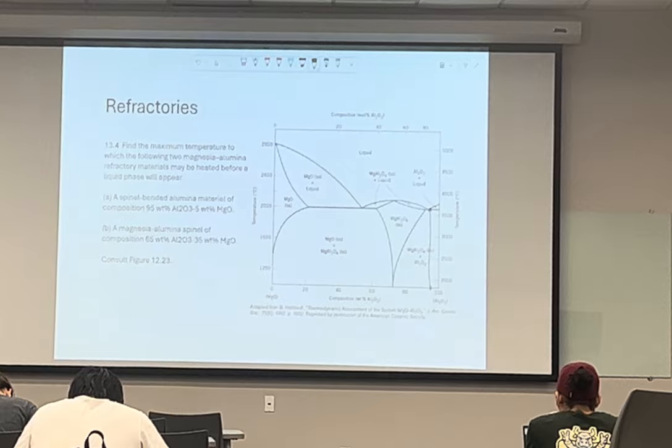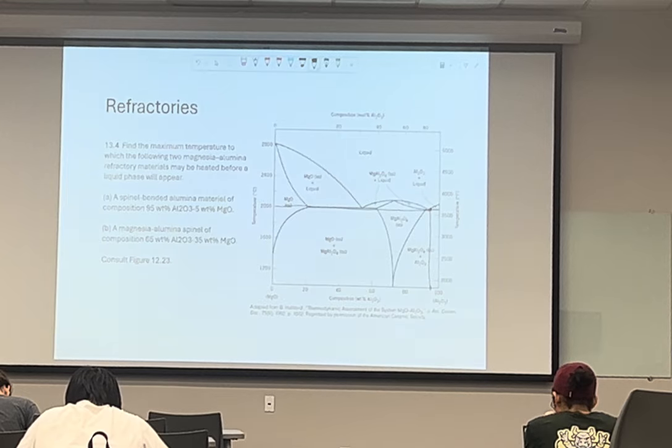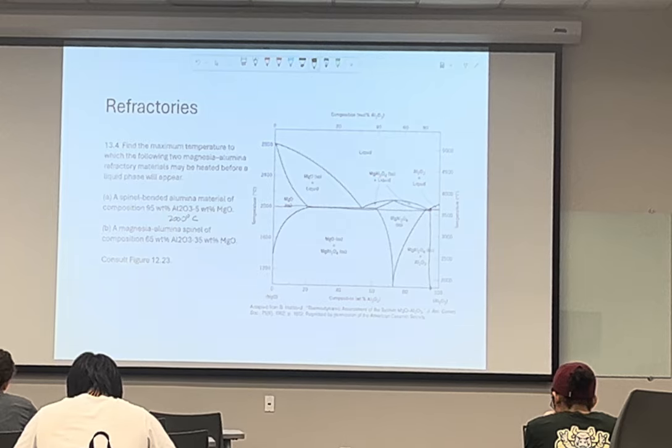And if we look over at the temperature, we can draw a line here. Based on our phase diagram, the maximum temperature without a liquid phase corresponds to the temperature of the eutectic isotherm on the aluminum side of the phase diagram, which is about 2000 degrees Celsius. I guess we can write that here, just so that we know.